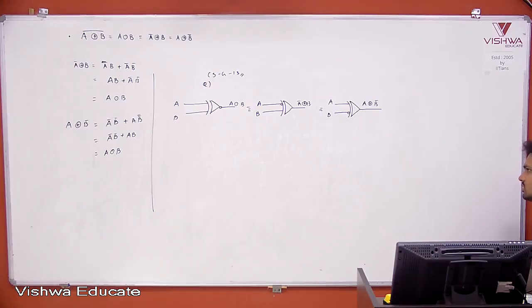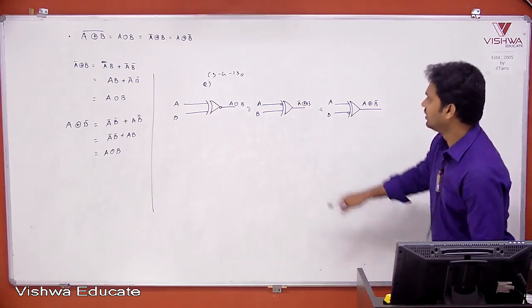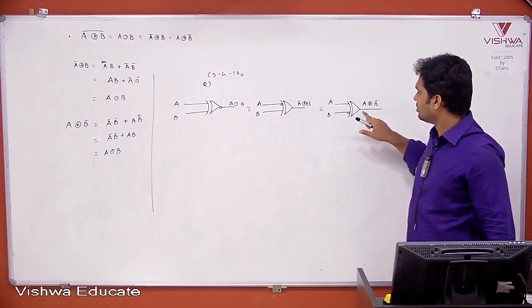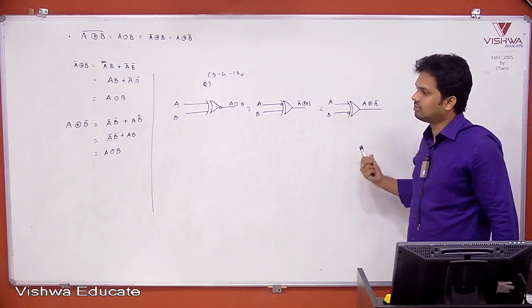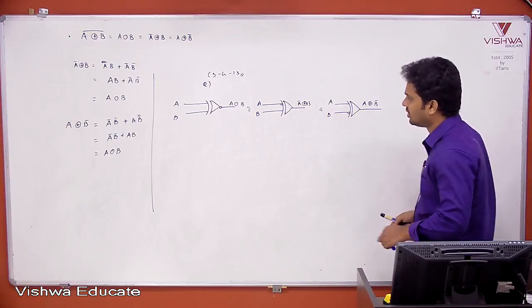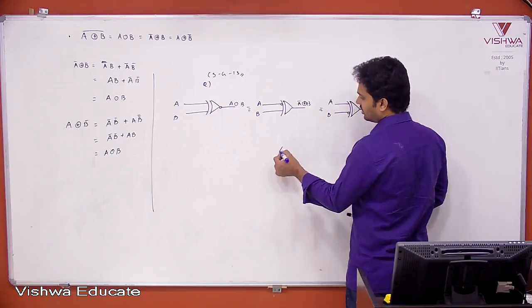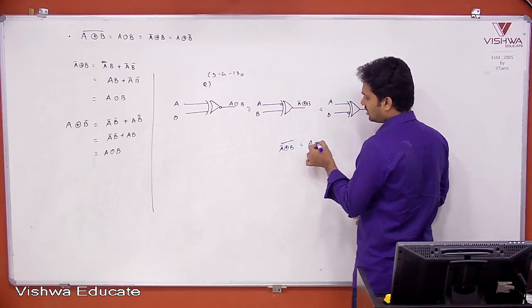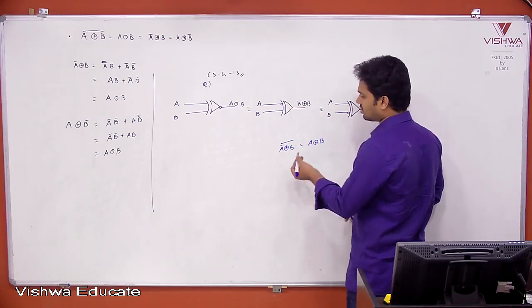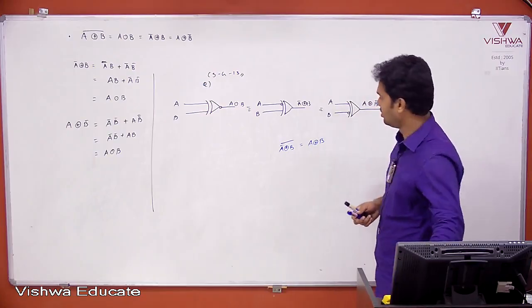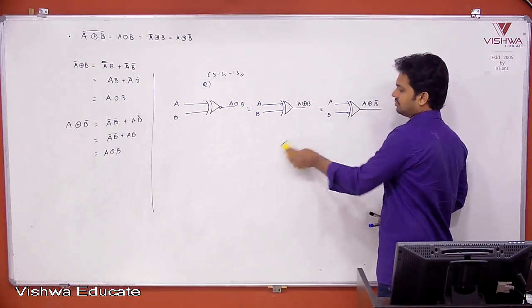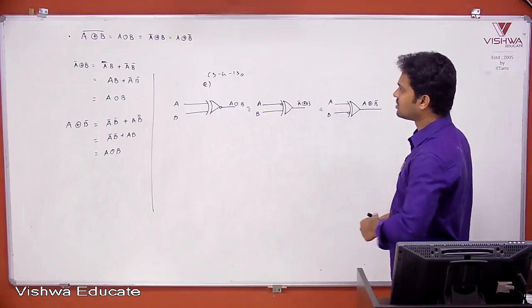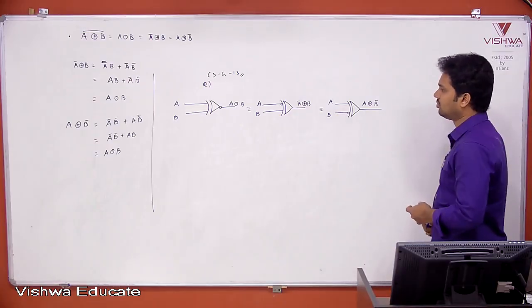You can reverse this condition also. That is, if it is XNOR here, then the functions will become XORs. Okay, what is the meaning? You can understand. If you have A bar XNOR with B bar, it is equal to A XNOR B also. Like that also we can say. It is not required, but we can find further also. Okay, this is one way to represent your exclusive NOR gate.